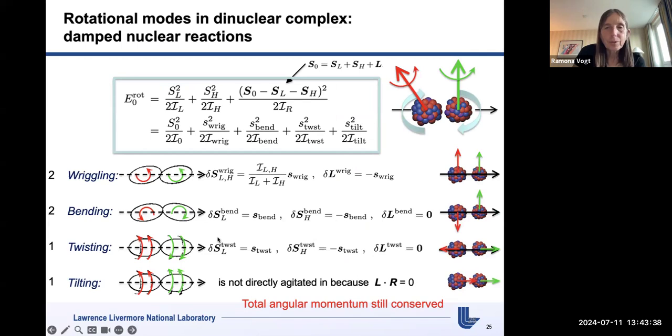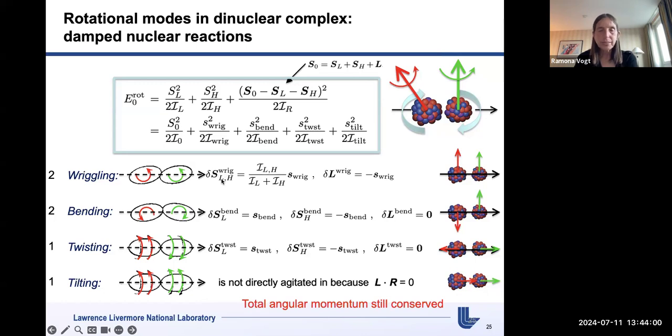We can rewrite the rotational energy in terms of these different angular momentum modes, because the wriggling, bending, tilting, and twisting modes are introducing fluctuations in the overall momentum.